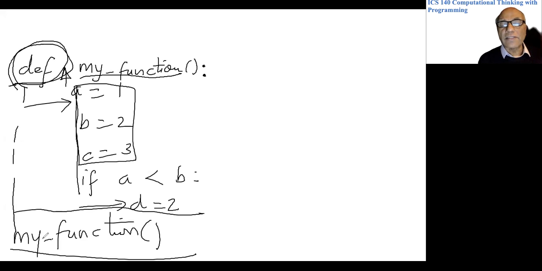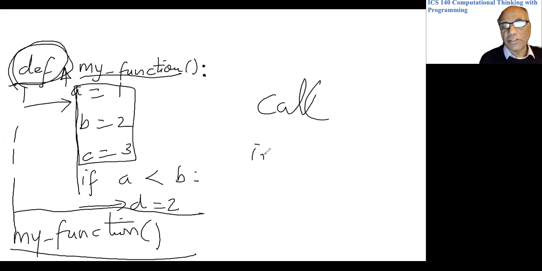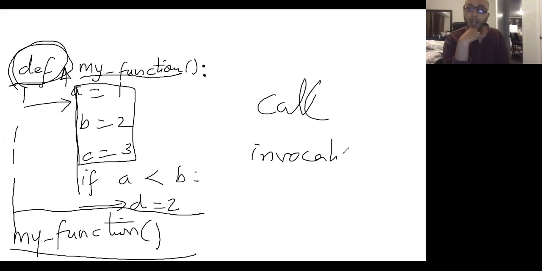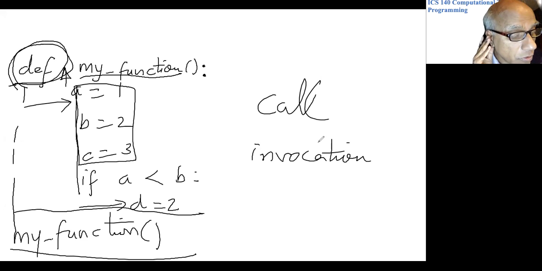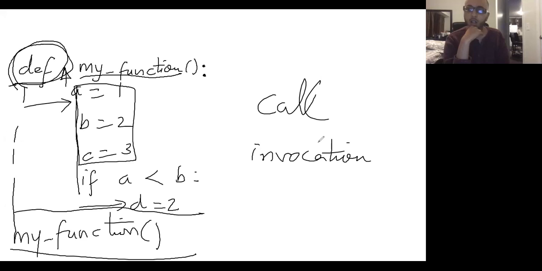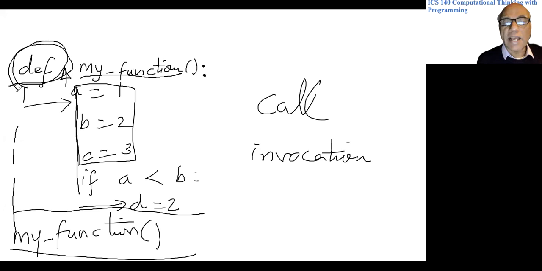So this makes a call or invocation. So for the lab, are we going to use define functions? Yes. In this lab, you'll be defining functions, yes, and calling them. So this calls my_function, it gets executed, and then once it finishes execution, control comes back.